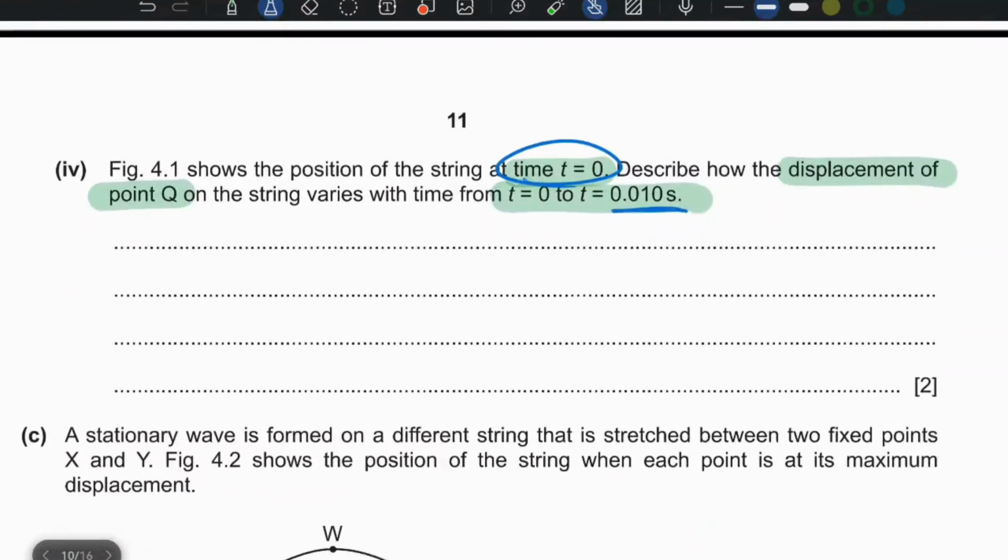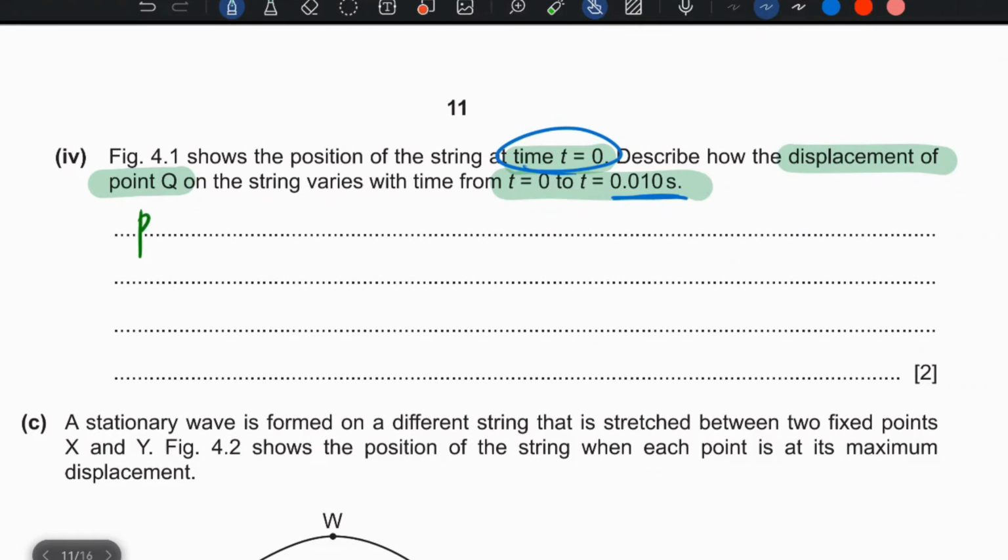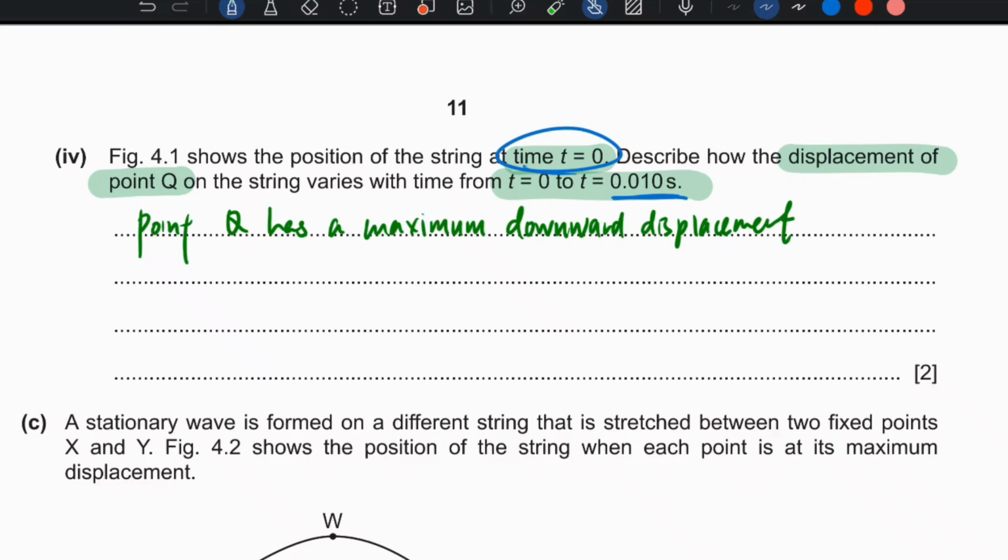So that is why our first point should be that point Q has a maximum downward displacement. It's very crucial to mention downward. This is at t equals 0.005 seconds, which is half a cycle.